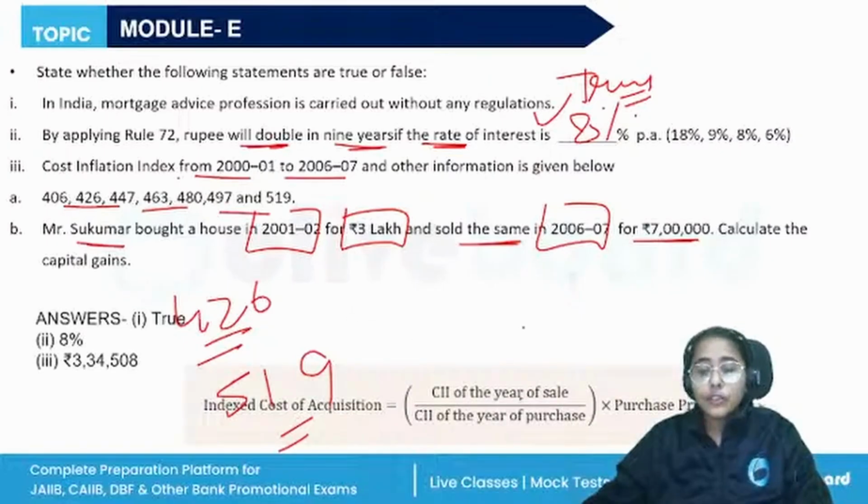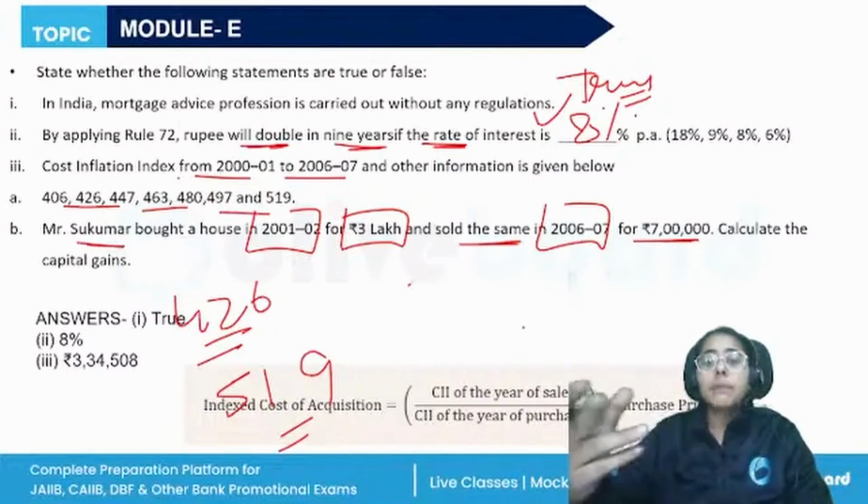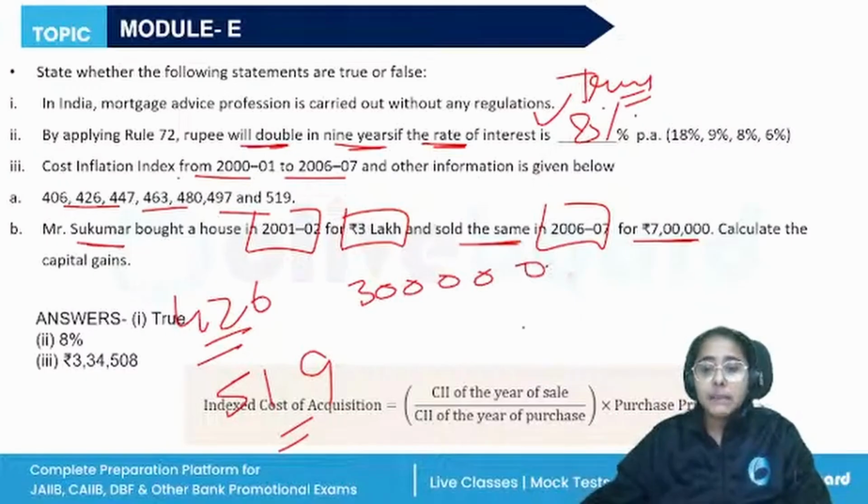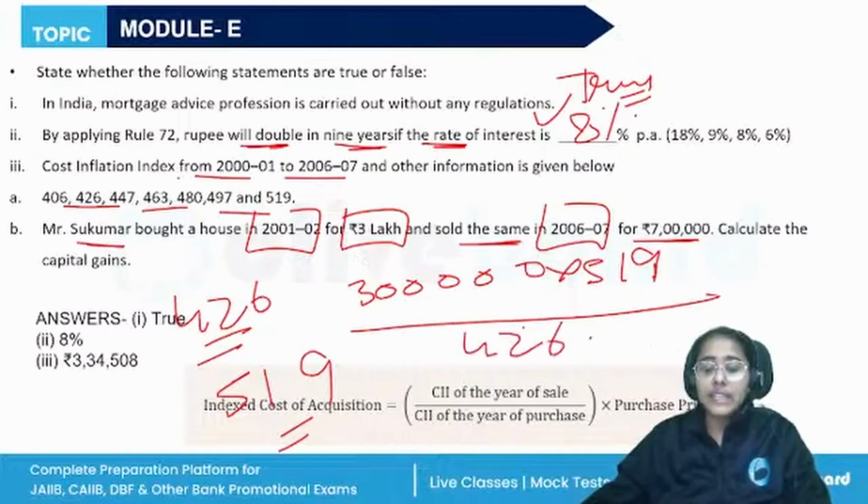What you need to do, the CII of the sale year, so original purchase price multiplied by the cost of inflation index of the sale year, 2006-7. So the purchase price is 3 lakhs multiplied by 519, dividing it by the CII of the purchase year, which is 426. This is how we calculate the indexed cost of acquisition.